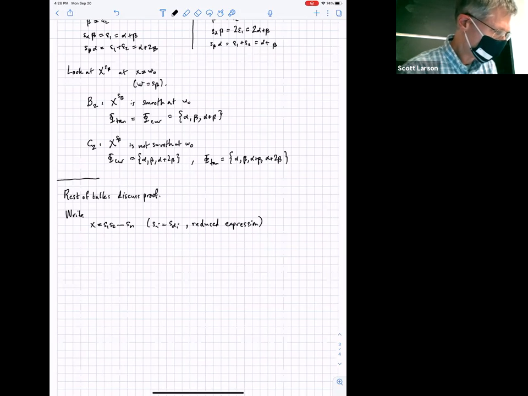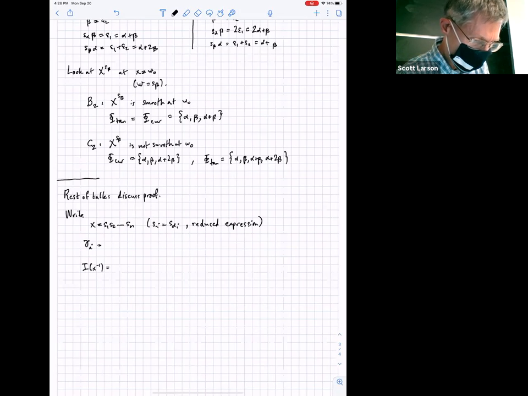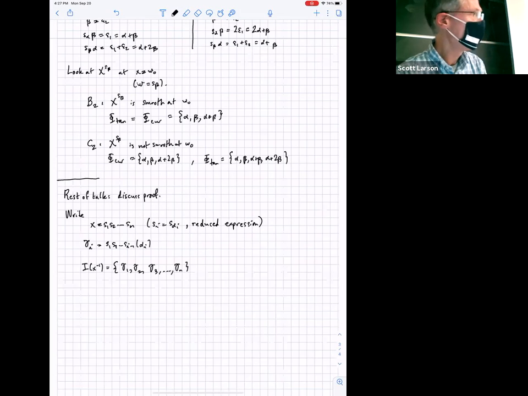And then it turns out that if we define gamma i, you can write the inversion set of x inverse. You can list the elements of this out: there's gamma 1, gamma 2, gamma 3, and so on up to gamma n. And the way you can write this out is you just take gamma i to be S1, S2 up to S i minus 1 applied to alpha i. And so you can explicitly write down the elements of this inversion set.